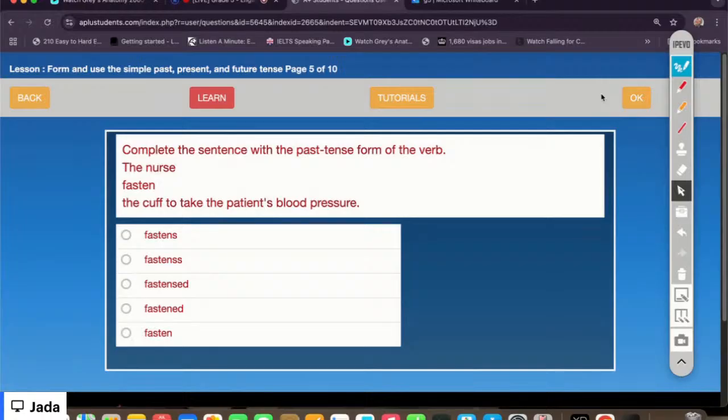So this is past tense: do not fasten the cuff to take the patient's blood pressure.